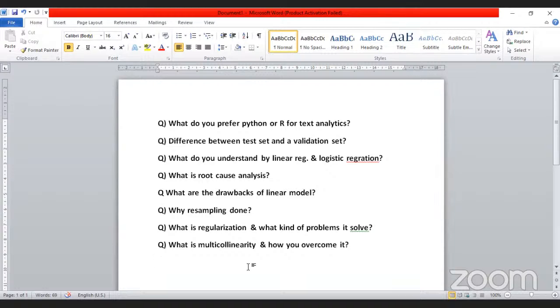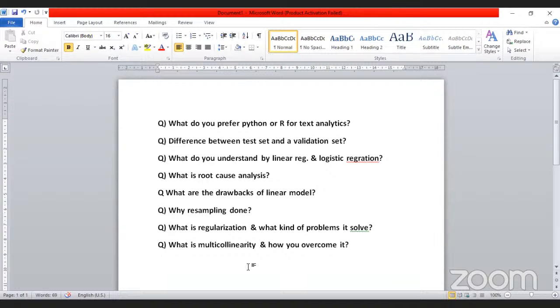But we can't take this step on only one scenario, because if we remove a variable, we lose data. For that, we want at least two proofs. So the second way is the VIF factor.